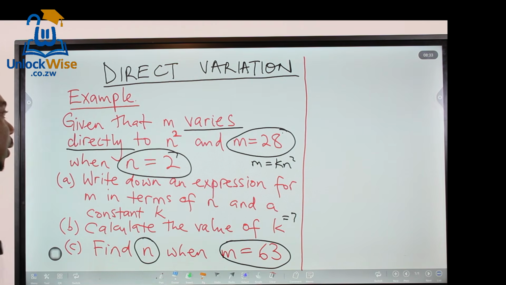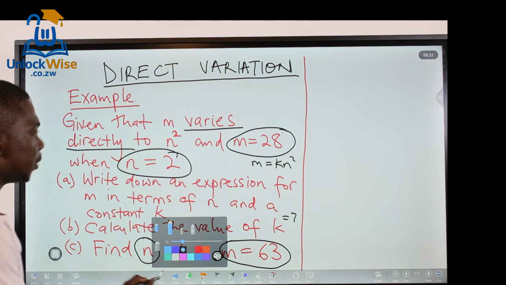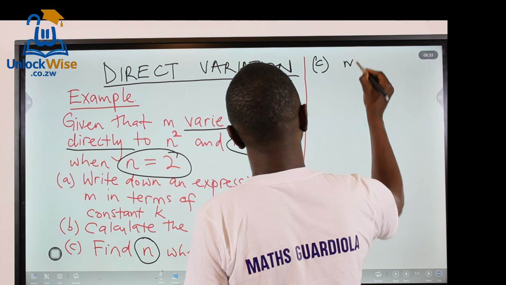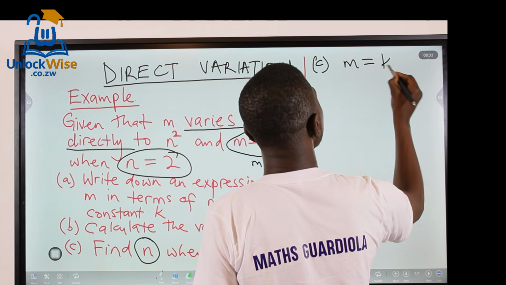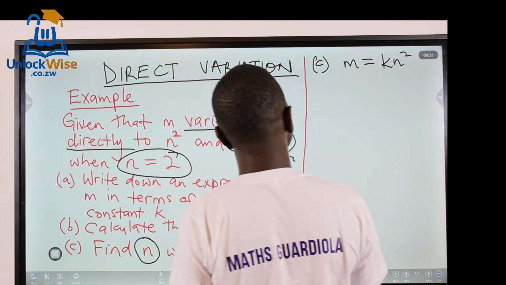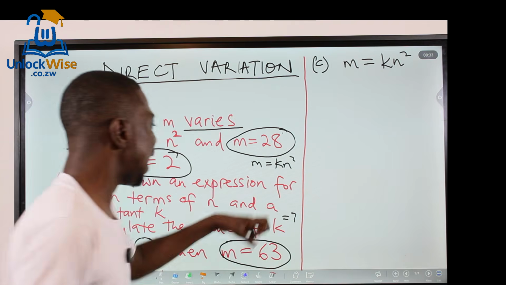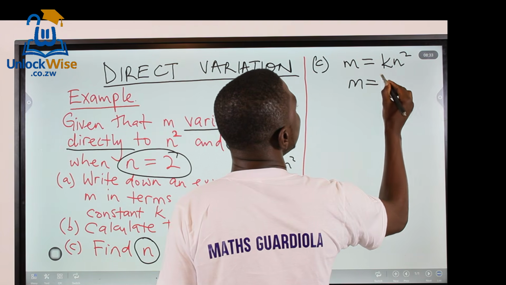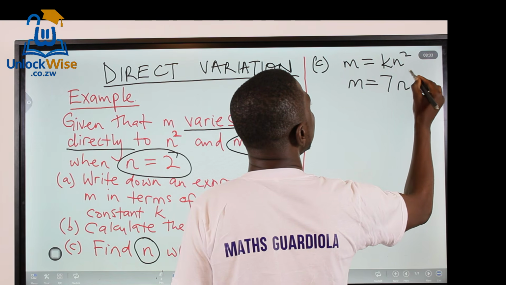Our equation states that m is equal to k n squared, and we now know that our value of k is 7. So we are going to replace it here.